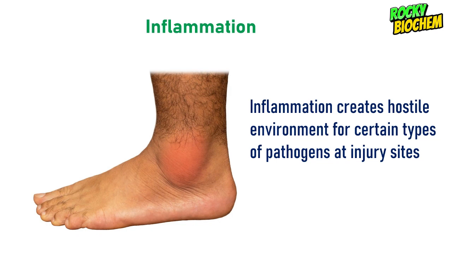Also, plasma will begin to accumulate at the site of infection, and the accumulation of plasma brings about dilution of the toxins produced by the pathogens, and blood flow will also increase at the site of infection. The increased blood flow is what brings about swelling and reddening of the infection site, as we can see here.